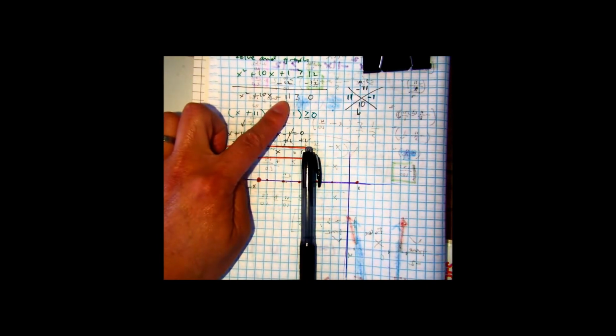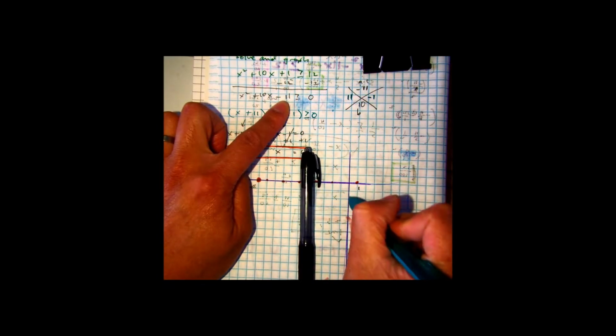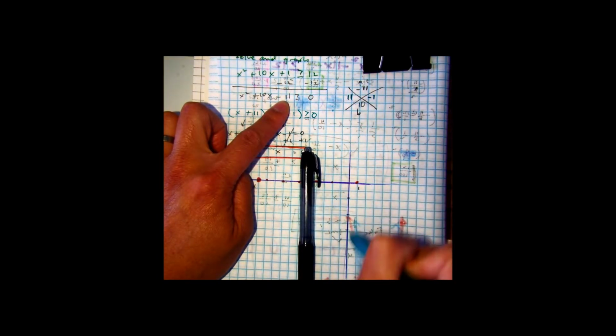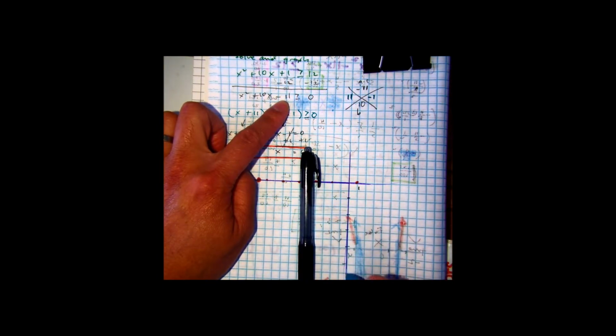Okay? I know that my y-intercept is negative 11. Right now, the accuracy of your graph is just based on some basic properties.